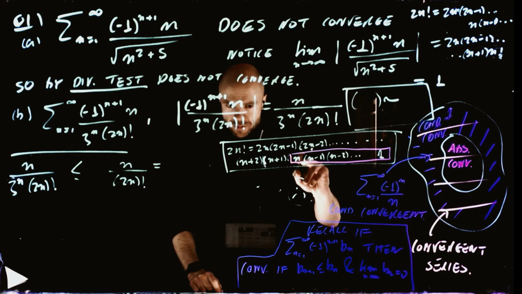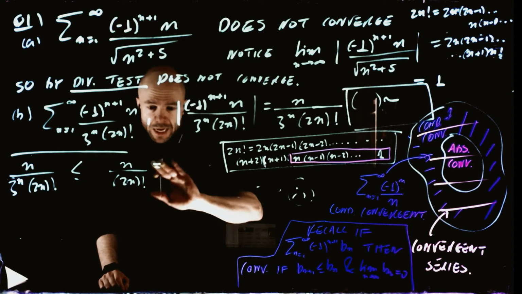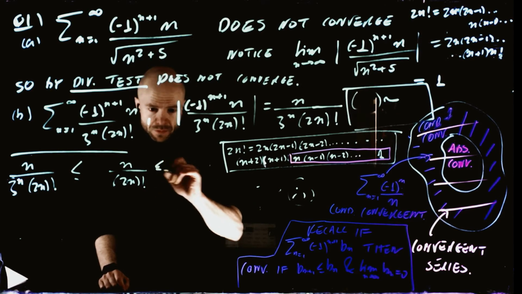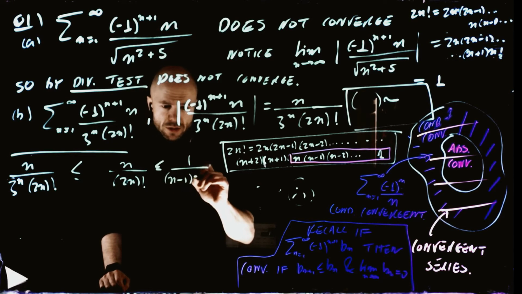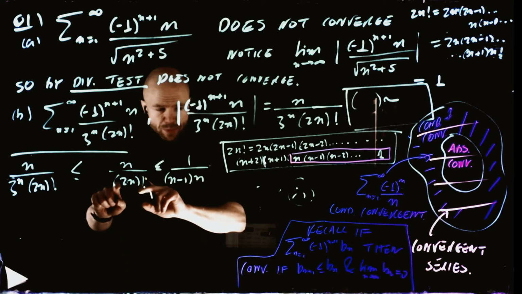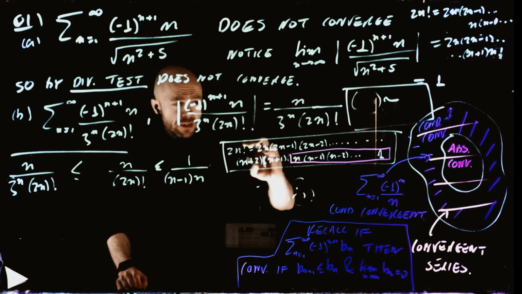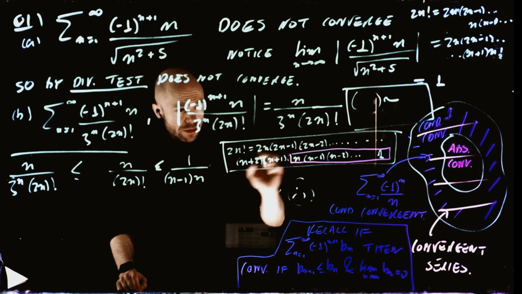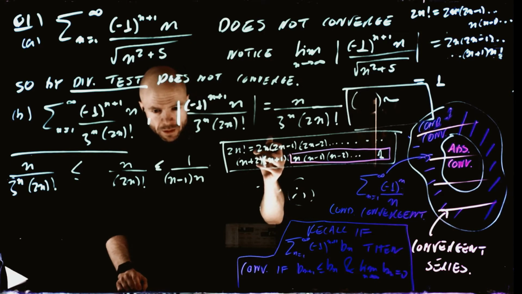So this thing will itself be less than 1 over n minus 1 times n. Because we're just writing out the expansion for this, and then we're killing off the n from top and bottom. And we know that when we just get rid of this, we have at least n minus 1 terms that are bigger than n.